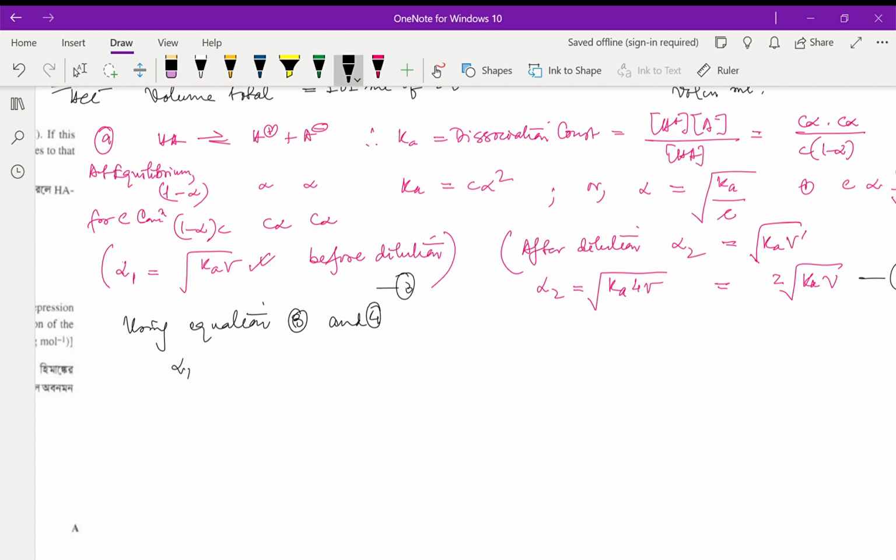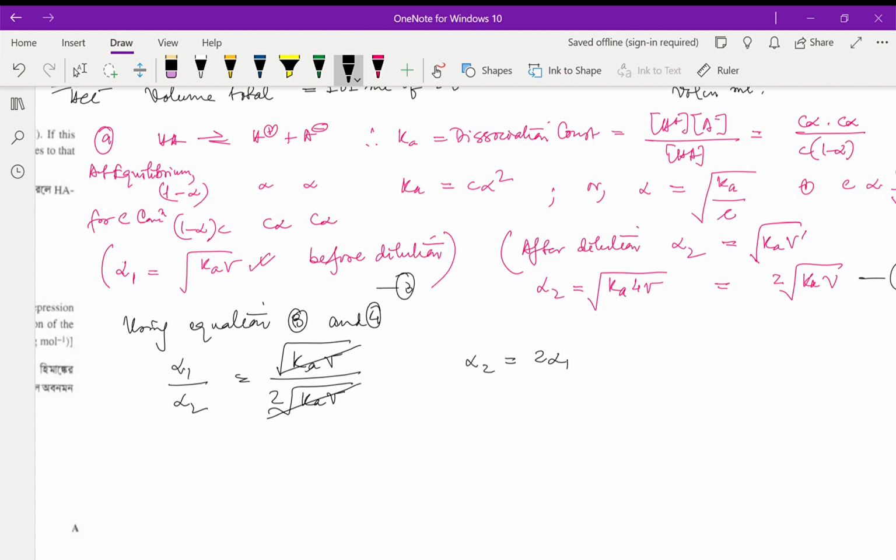Alpha 1 by alpha 2 is going to be this, and that goes away. So alpha 2 can be written as 2 alpha 1.